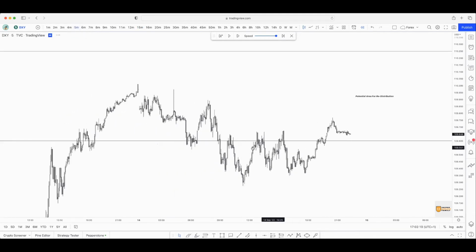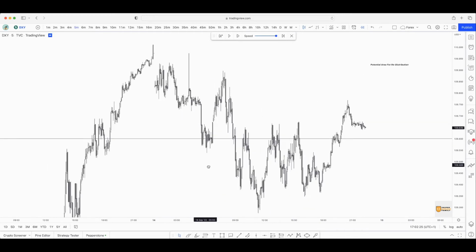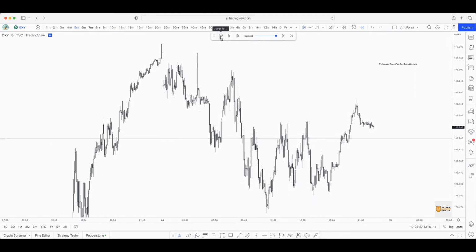I was in this area. Was it here? Okay, yeah, this was it. This was it here. So now, I didn't trade this because I can't trade the DXY, but I was able to catch a buy opportunity, which was the inverse of this. So the exact same setup showed up on Euro USD, and that was one I took advantage of, right?